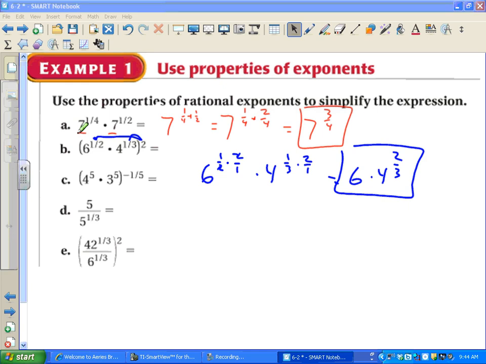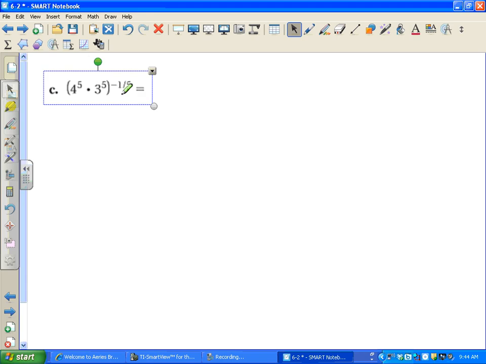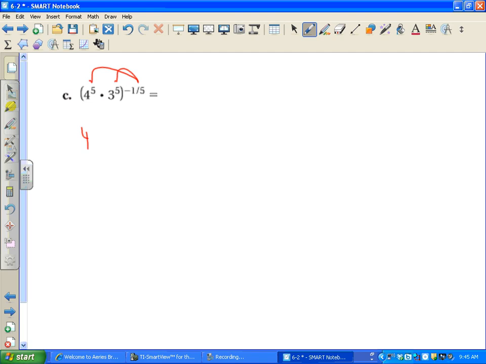Next up, 4 to the 5th times 3 to the 5th raised to the negative 1/5. Couple things. We've got a negative fractional exponent. I'm going to take care of that and distribute it in first. That's the way I like to take care of it. So that's going to be 4 to the 5 over 1, or 4 to the 5th, times the negative 1/5.